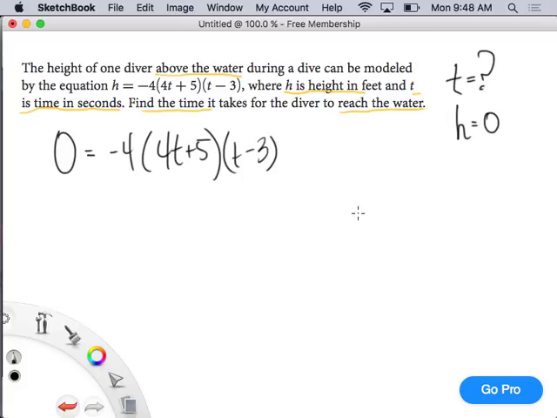That's cool. But now, wait a second. We have something times something else equals 0. How do we solve for t? What do you think?